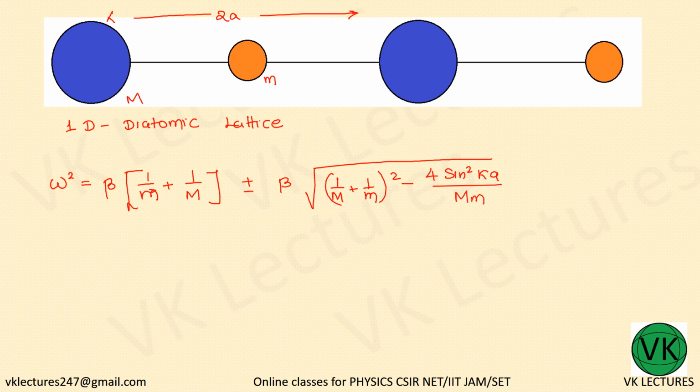Now this plus sign indicates the optical branch of oscillation, and the minus sign represents the acoustic branch.